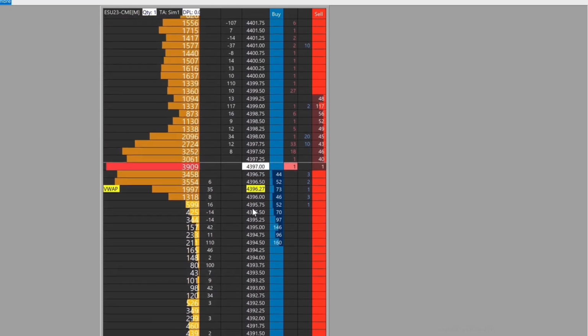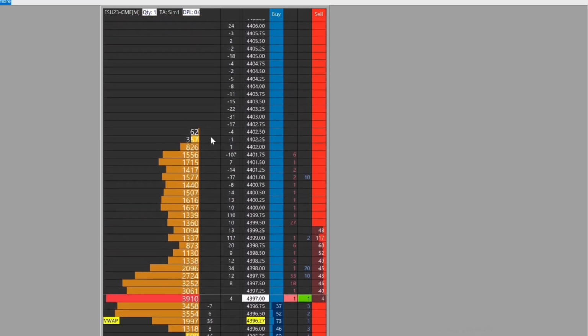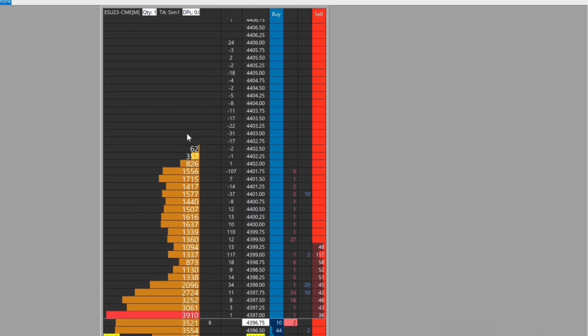And of course, the zones where there is nothing, like here, are zones that have not been visited by the price during the day. If later in the day the price continues to go up quite strongly, we would see these zones take values and the volume profile extend at the top.